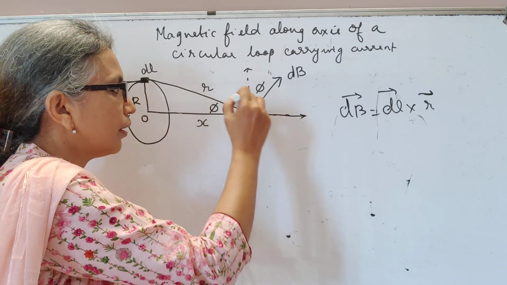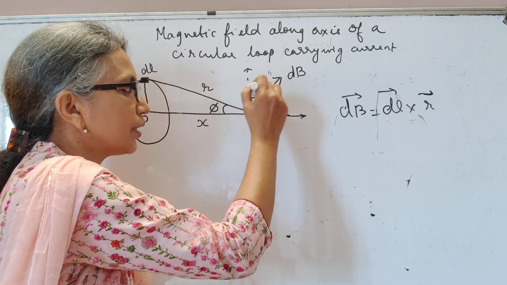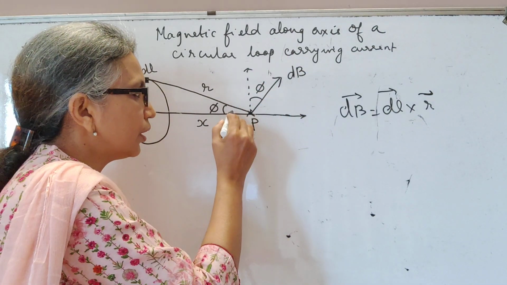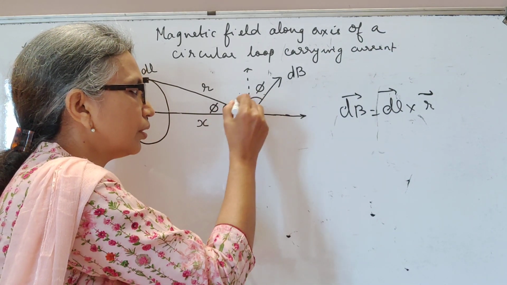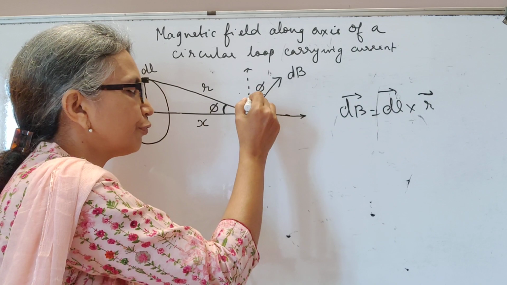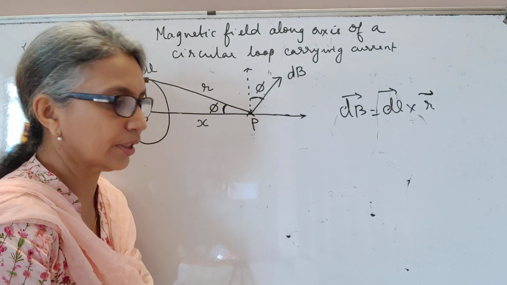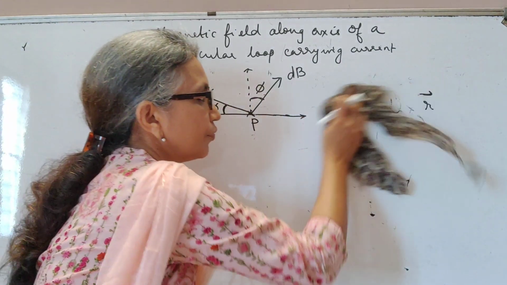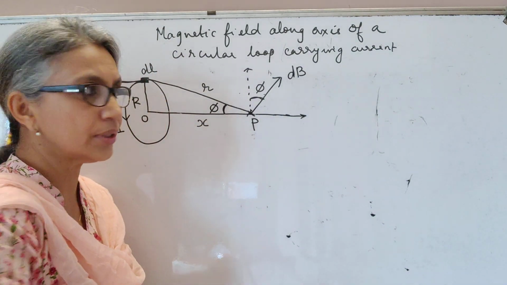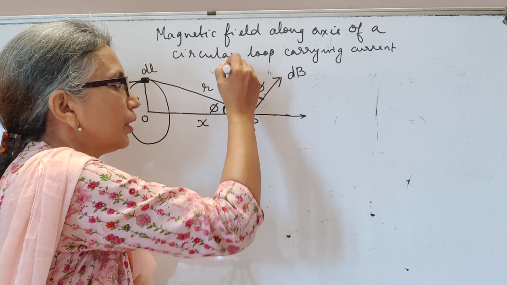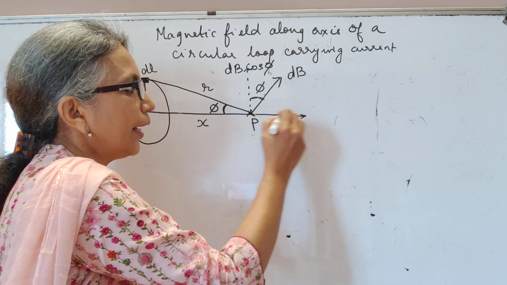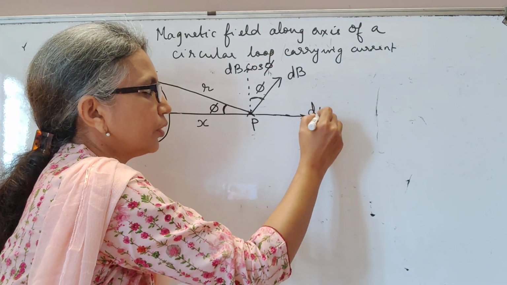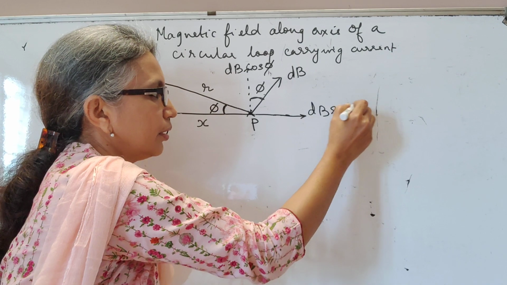So this angle is also 90. You see this angle is 90, this angle is also 90. This is a common angle, so this should be phi, this also should be phi. Now I'm going to resolve this dB into two components. The adjacent component will be dB cos phi, and the opposite component will be dB sin phi.